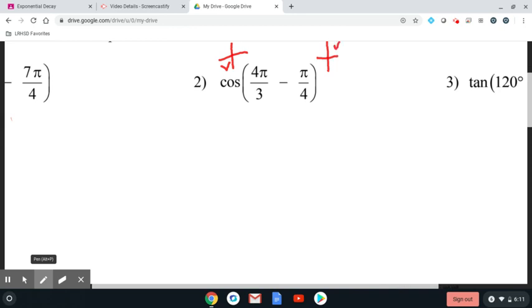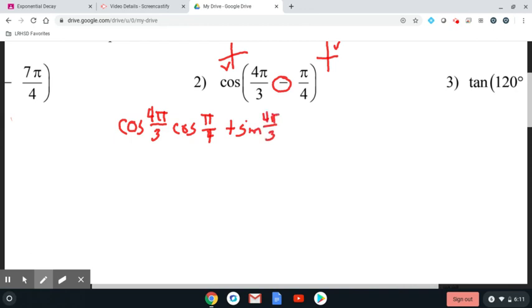So when we use our difference of cosine identity, we're going to end up getting cosine of 4 pi over 3 times cosine of pi over 4 plus sine of 4 pi over 3 times sine of pi over 4.